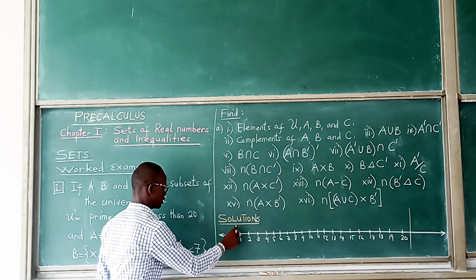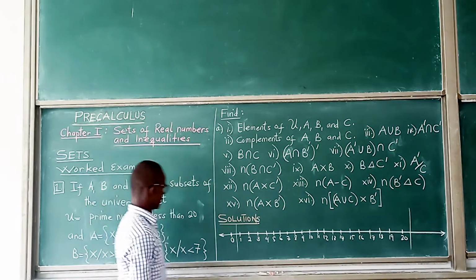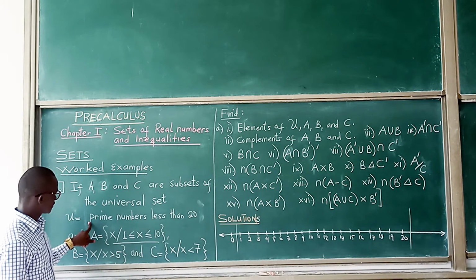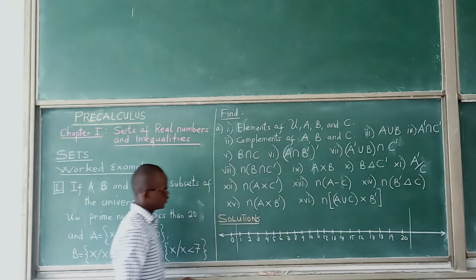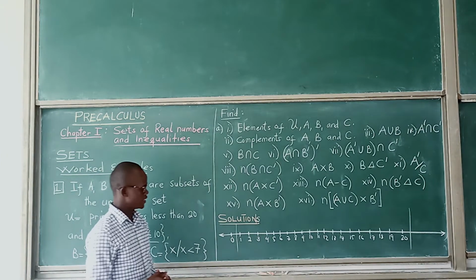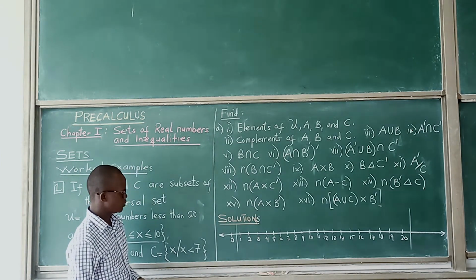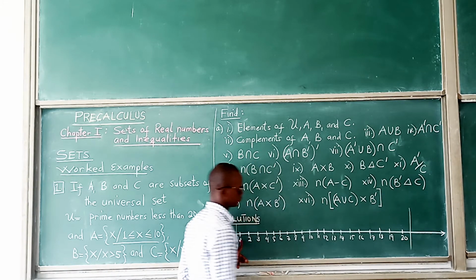They said prime numbers less than 20. So when a number is a prime number and that number is less than 20, it means that number should be from 1 all the way to 20.